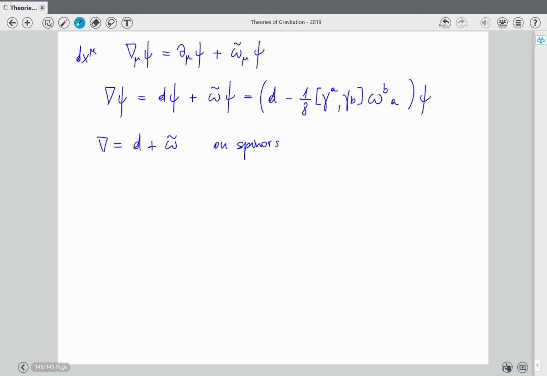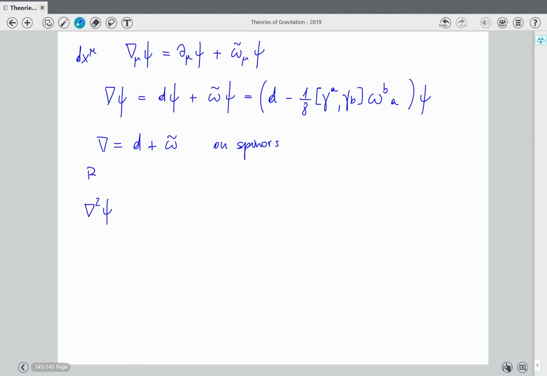So if you have a spinor, del psi is a spinor and a one form. And if you want, you can compute del squared psi, which gives the Bianchi identity. That's like a curvature. Del psi is like field strength here. You can interpret it as a curvature.